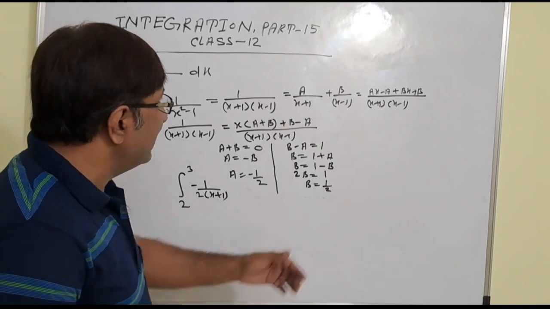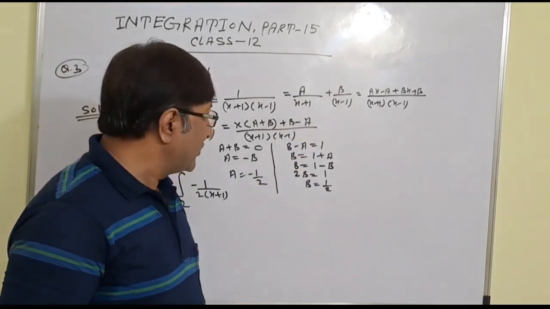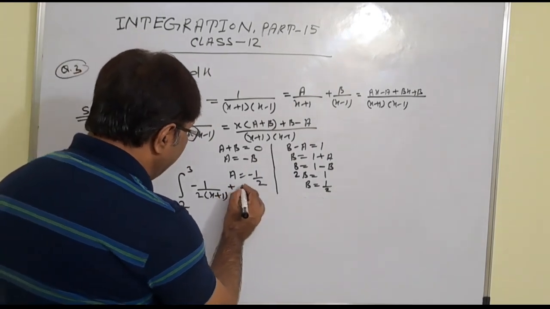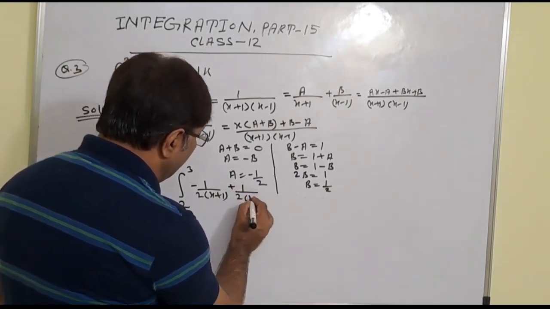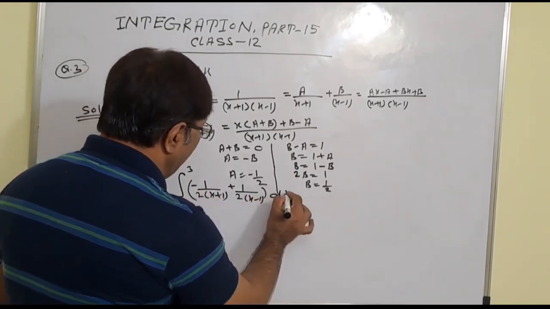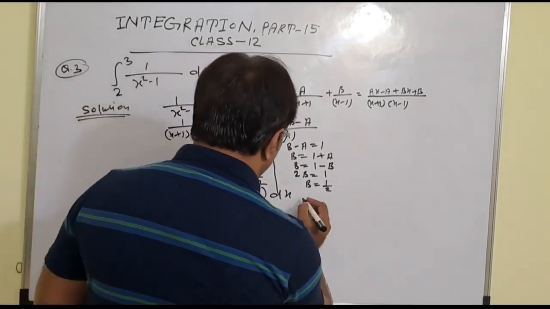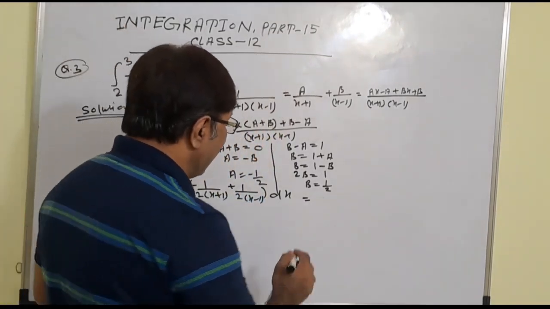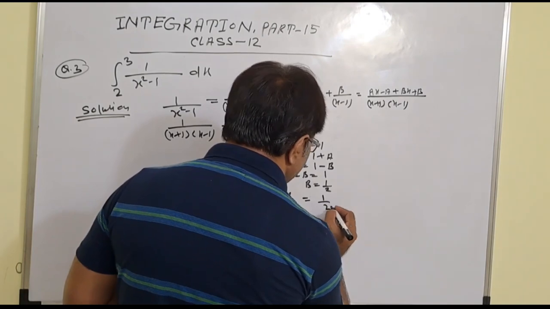In the same way, B by x minus 1, B is half, so just put the value of B. We will get 1 by 2 into (x minus 1), dx. Now half is common in both, so just take it outside the integration.